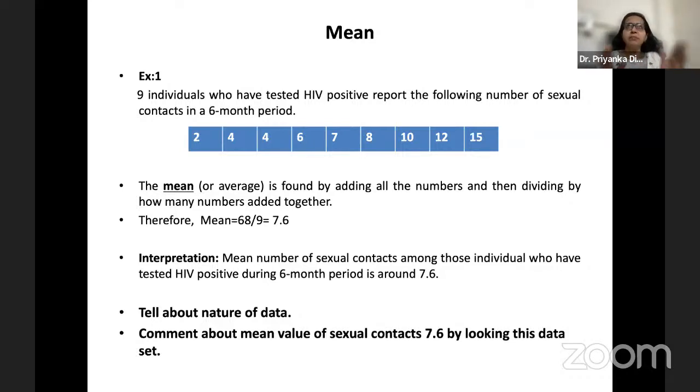Now, what is the interpretation? That is important. Interpretation is: on an average, sexual contact during the last 6 months by HIV tested people was 7.6 times.